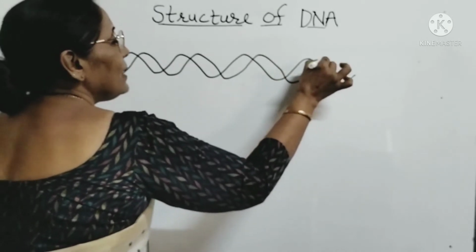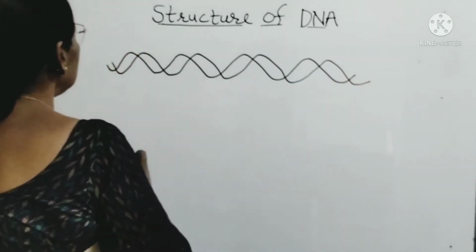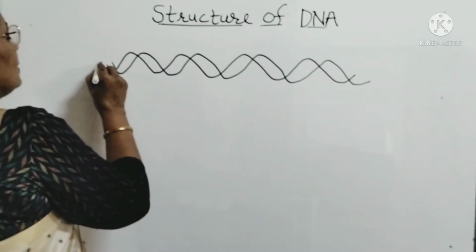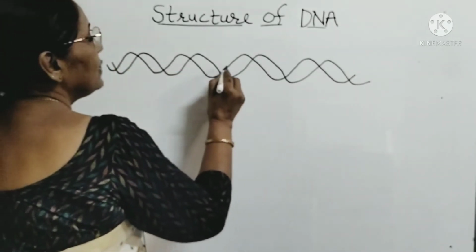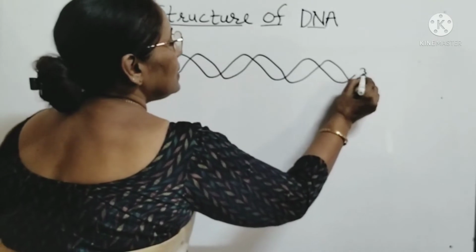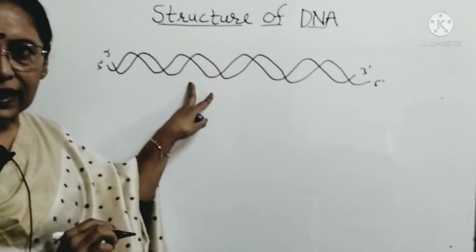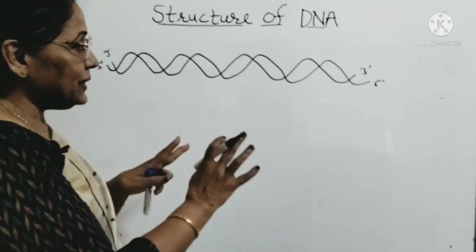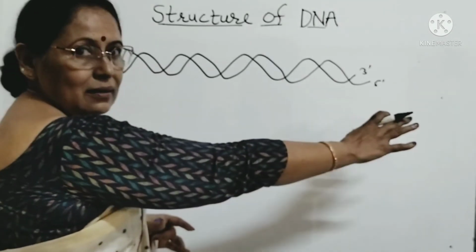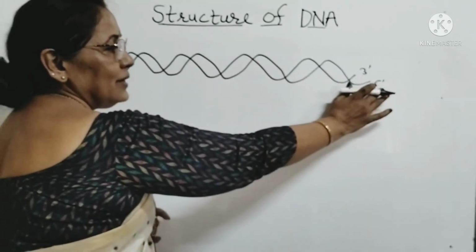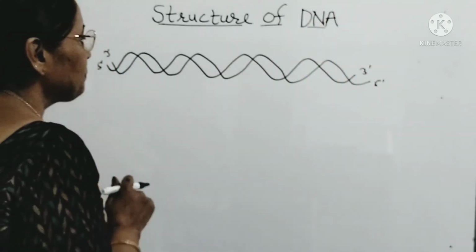They are helically wound around each other. If this is 5 and this is 3, this is 5 and 3. Two strands helically wound and antiparallel, having opposite polarity. This 5 is on this side, the other's 5 is on this side.